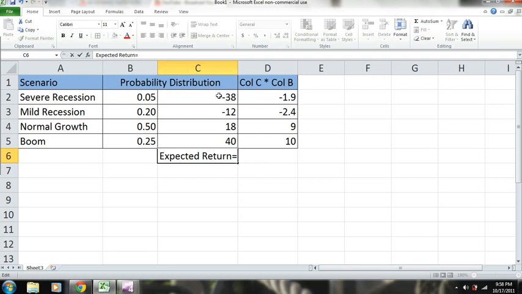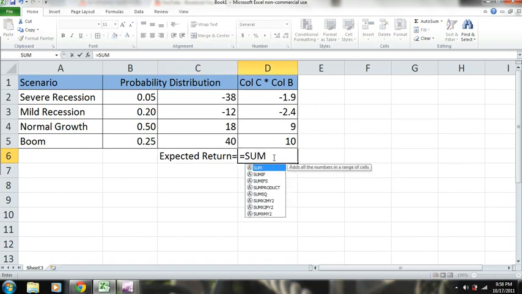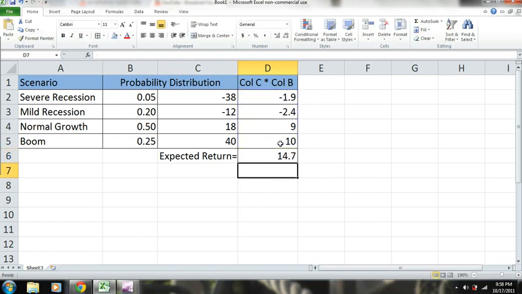These are weighted, and that's why we have to add up these numbers. We have to do this first. So we're going to equals sum, and highlight the numbers we want to add up. And there's our expected return. Our expected return is 14.7%. We'll highlight that because that's an important number.